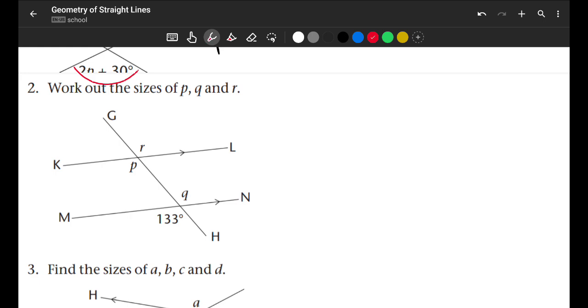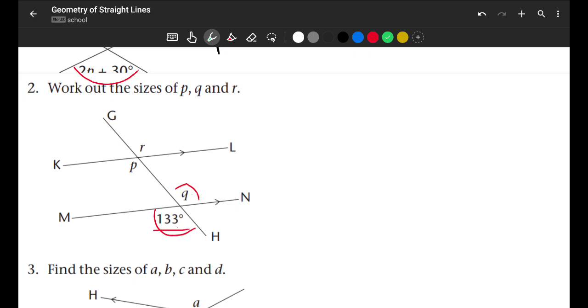The only angle I actually have here is 133. So if I have 133 and I see Q here, aren't these two angles the same? Vertically opposite angles. That's my first step. I know that Q is equal to 133.